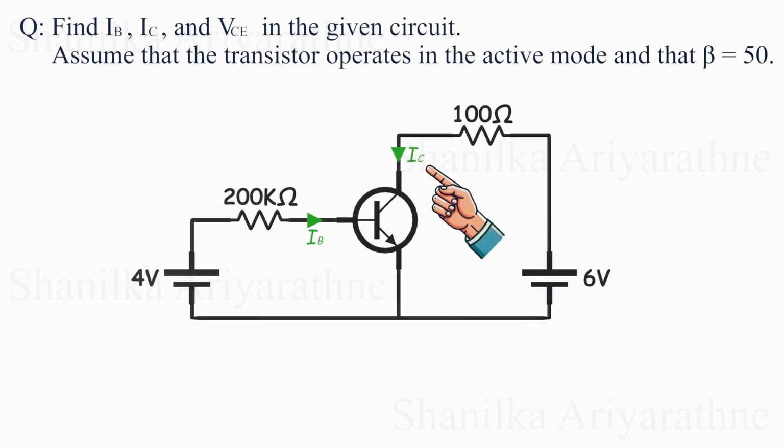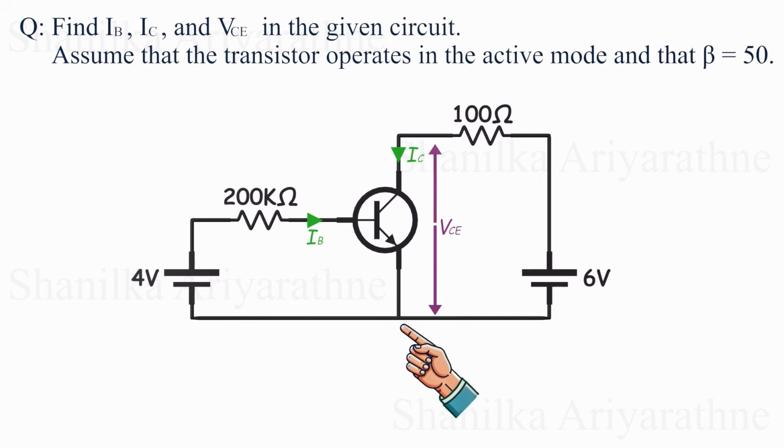Then there's IC, the collector current, which flows into the collector terminal. And finally, VCE is the voltage across the collector and emitter terminals. Since we're working with a common emitter configuration, there's one more crucial voltage to keep in mind, VBE. That's the voltage between the base and the emitter, and it plays a major role in how the transistor behaves.